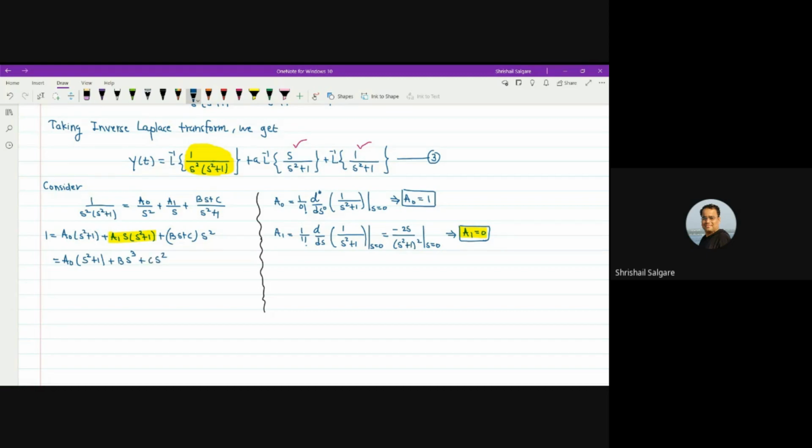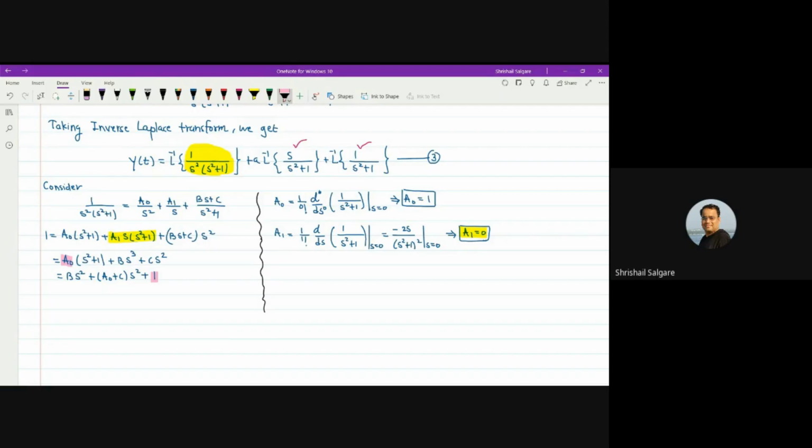If I simplify, this can be written as b into s cube plus a naught plus c into s square plus a naught. Here a naught is 1, so 1 is equal to 1.